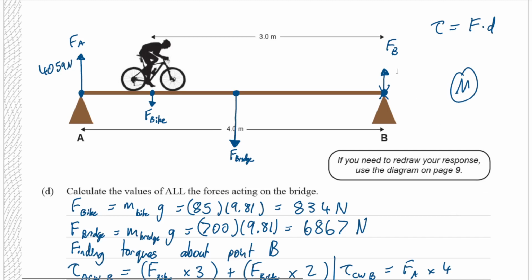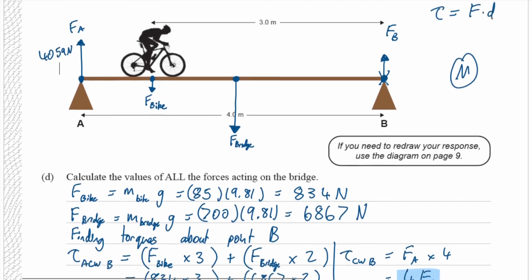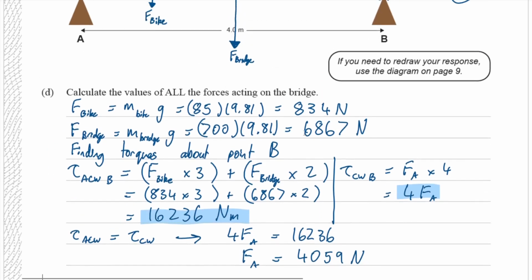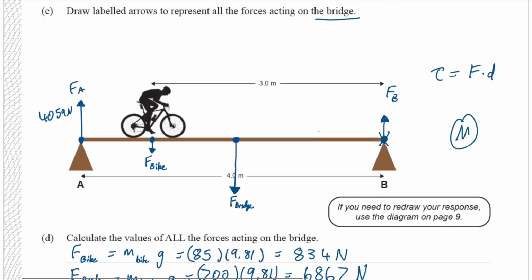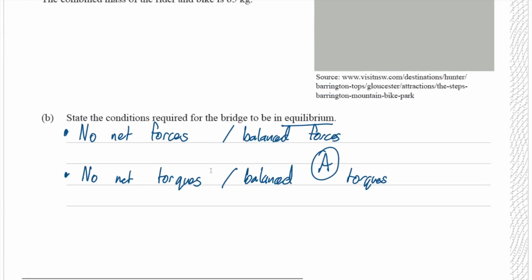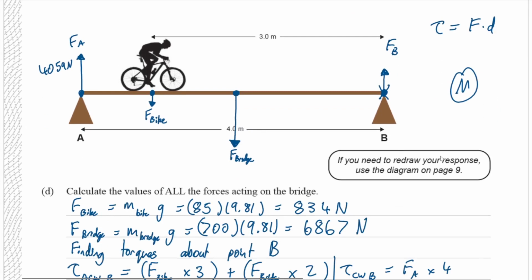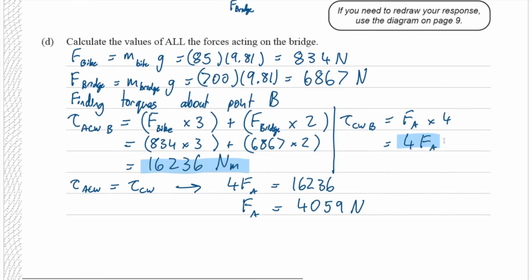Oh, one more to go. The force at B. Now you could do all of this again, except about point A, and you will get the force at B. However, we can use the first condition, balanced forces, instead. It's a bit easier. So what that says is the upward force, FA plus FB, must equal the downward force, F bike plus F bridge.